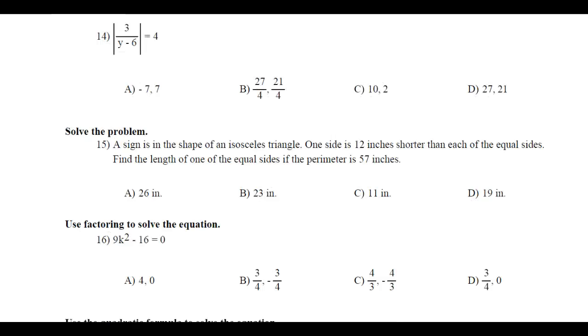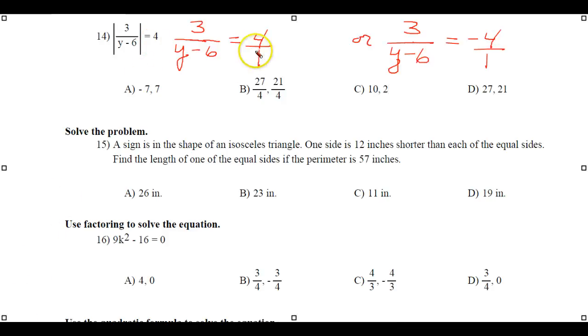Okay. We'll give you a moment to look at this. Absolute value. So again, you're just going to write two equations. One without the absolute sign equals this. One without the absolute sign but equals a -4. And then solve it. So a technique would be, again, just write it without the absolute signs, equals 4 or equals a -4.